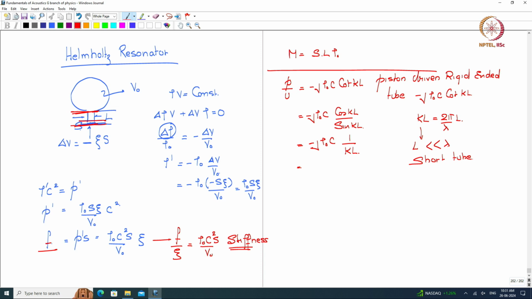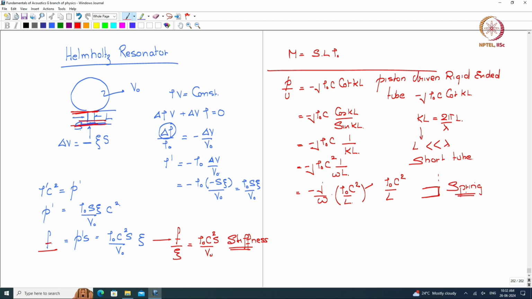Now we have minus j rho 0 c times 1 by omega into c L, which is equal to minus j by omega rho 0 c square by L. So this is a stiffness with a stiffness value rho 0 c square by L. So a short tube, in comparison to the wavelength, which is rigid ended, behaves like a spring.